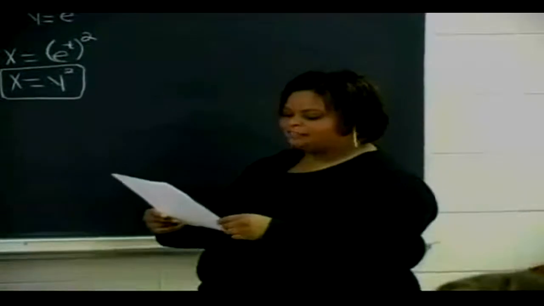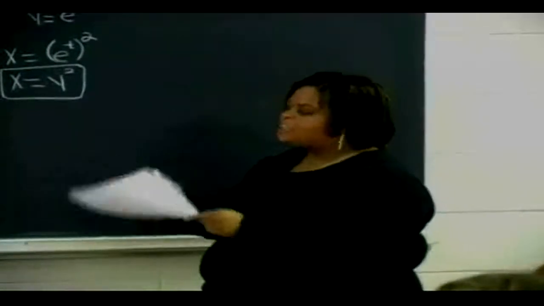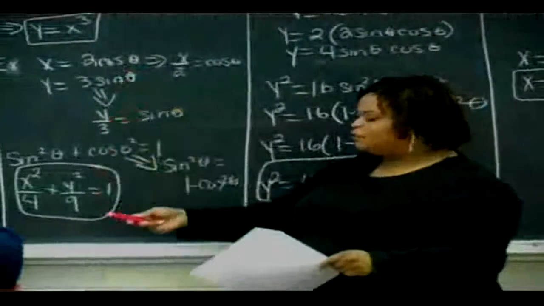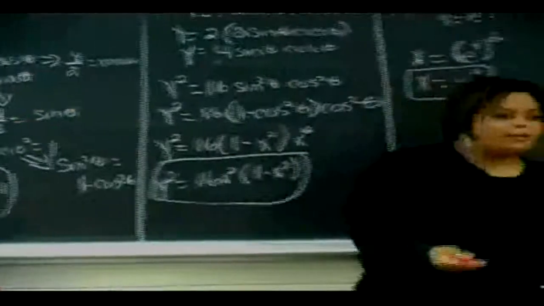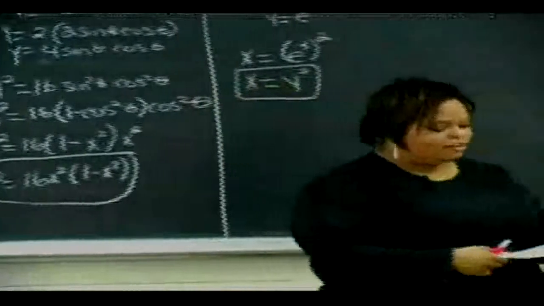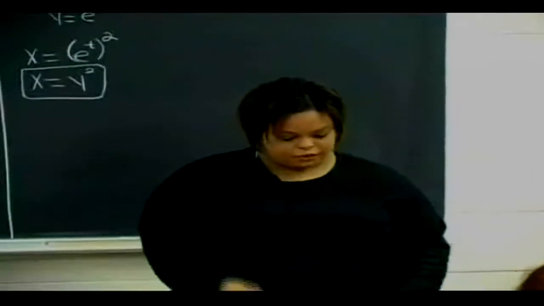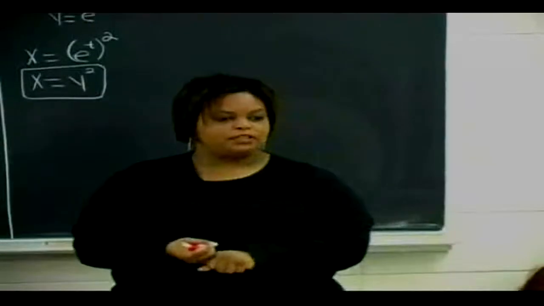Okay. So we know that we can deal with some things here because we said what? This was an ellipse. So some of these parametric equations can give us the standard form for an ellipse, a hyperbola, a circle, or a parabola. Okay? What we're going to do now is we're going to do the circle and the hyperbola example.